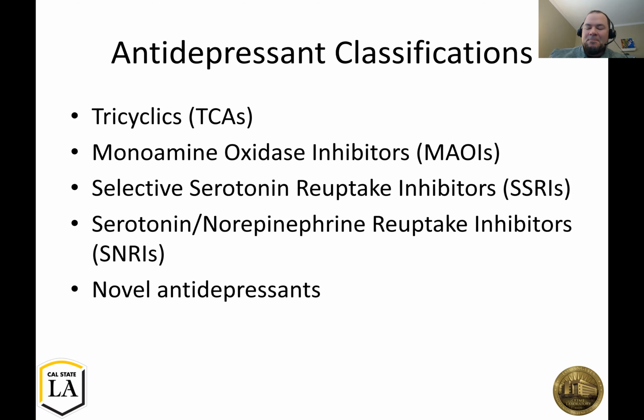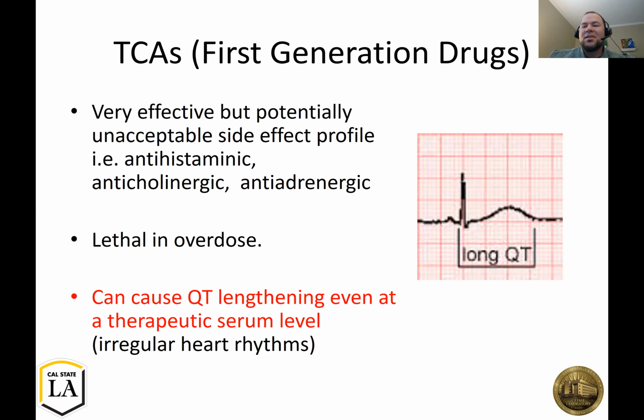So all right, let's get into the first class. We'll talk about the tricyclics, you guys. First generation drugs, very effective, okay? However, there are issues with them being lethal in an overdose situation.